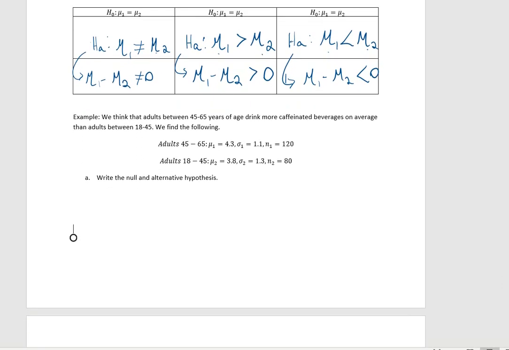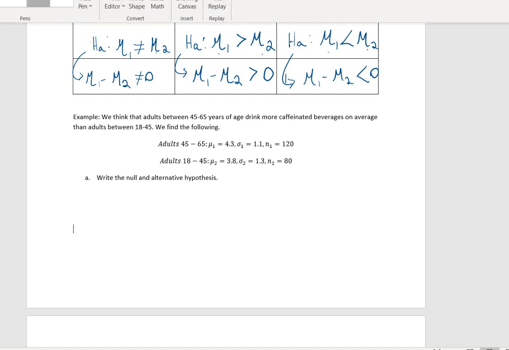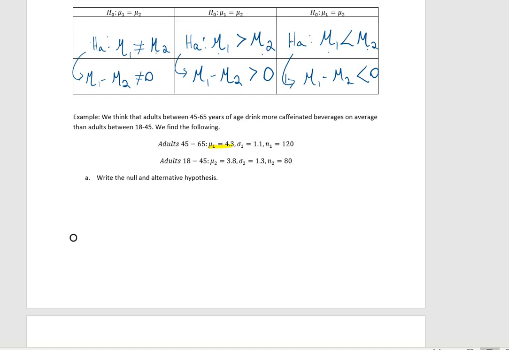So let's go ahead and look at an example. We think that adults between 45 to 65 years of age drink more caffeinated beverages on average than adults between 18 to 45. What we find is the following. We have information for our first population, mu1. We have an average for adults between 45 to 65.